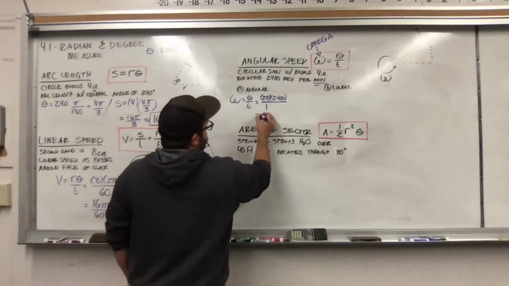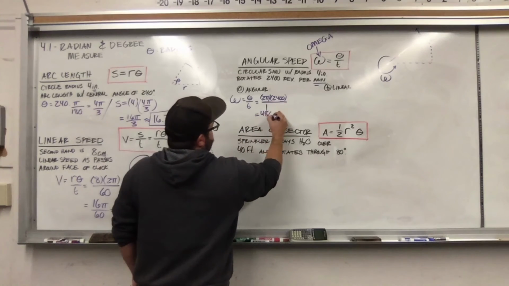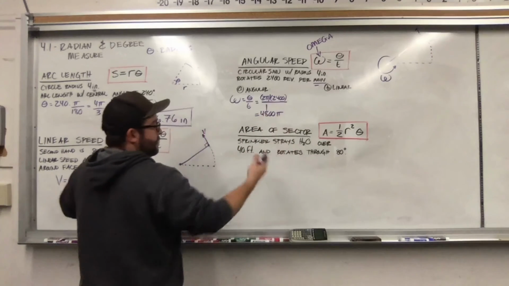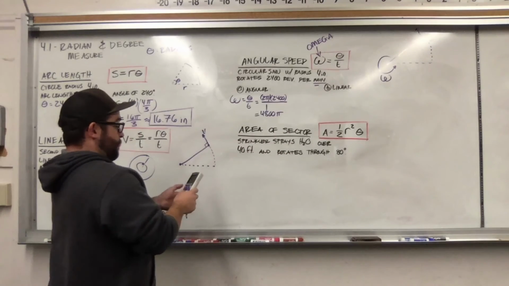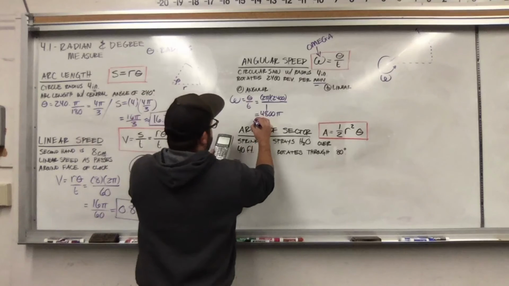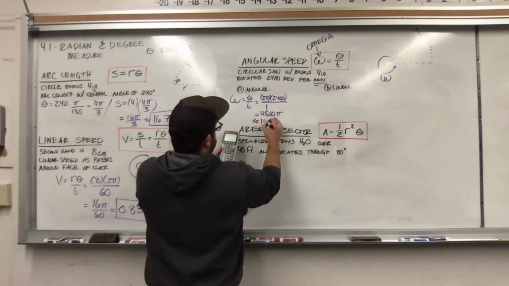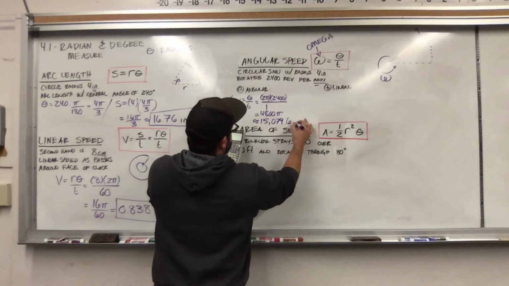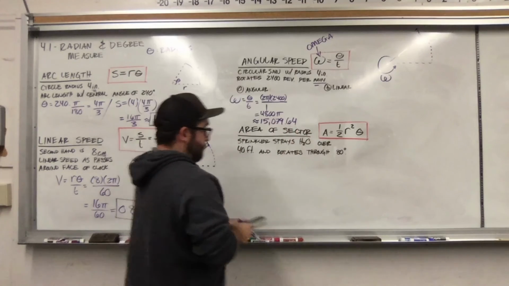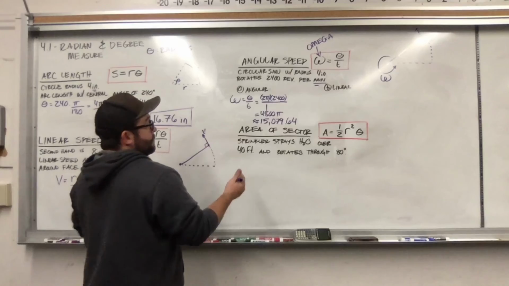Now we're just going to multiply these out. We get 4,800 pi divided by 1, so 4,800 pi. Get our calculator out, 4,800 pi. Our angular speed is approximately 15,079.64.